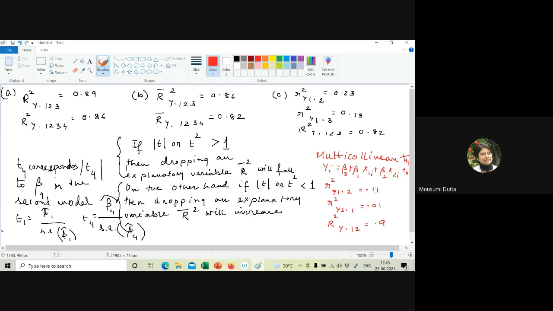However, together they can explain the variation in yi in a good way.